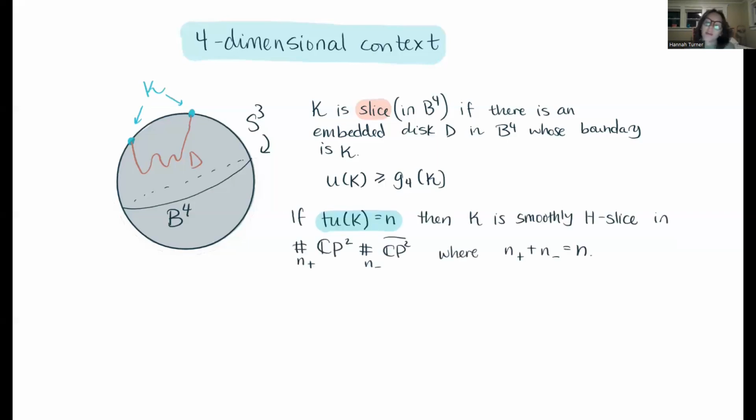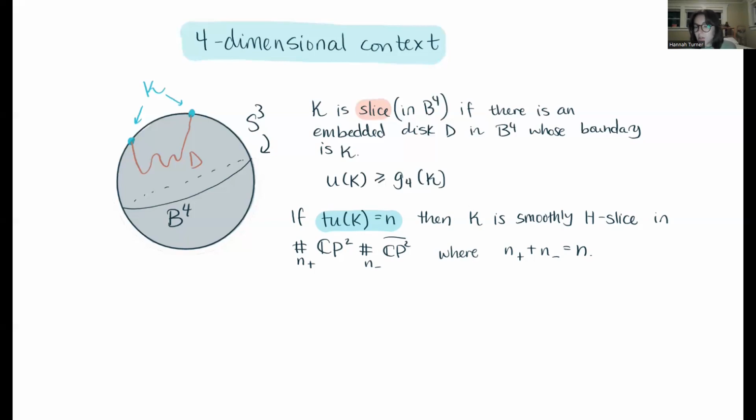Okay, but for these more general invariants, there's a more complicated relationship. If the untwisting number is n, then our knot is smoothly slice in this more general 4-manifold, some number of connected sums of CP2s and some number of connected sums with the reverse orientation of CP2, which I'll call CP2 bar. But you can bound that number of summands by the untwisting number. And instead of saying slice, I'm saying H-slice.